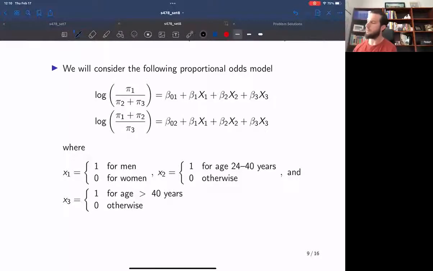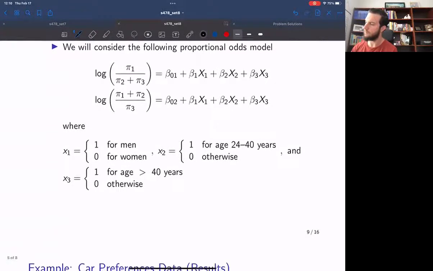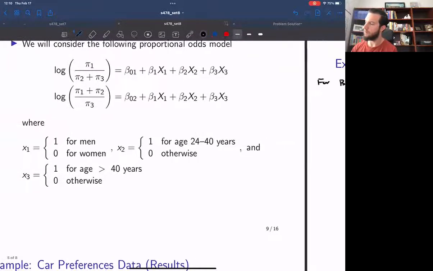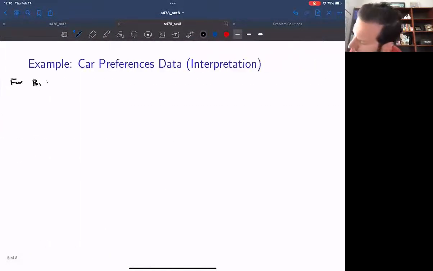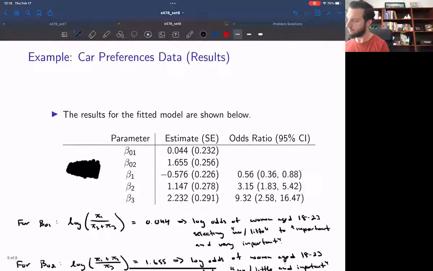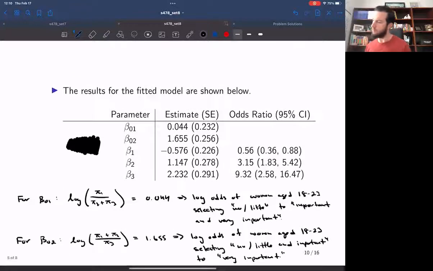I guess it would just be consistent across each of the different definitions. So for beta 1, you would have exp of beta 1 hat, which is 0.56.